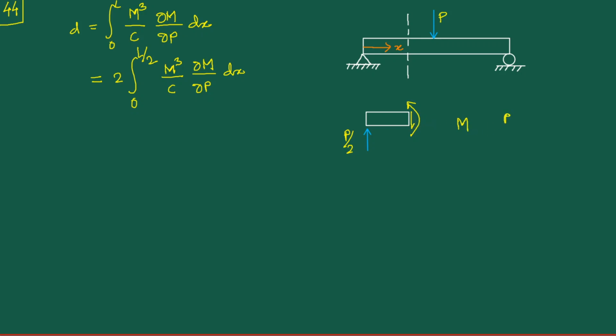We write that, and since the sense of that will be clockwise, there will be a minus, so we have m is equal to p by 2 times x. So if we substitute that here and carry out our entire calculations, we're going to find out the answer. Let me not invest any more time on this.